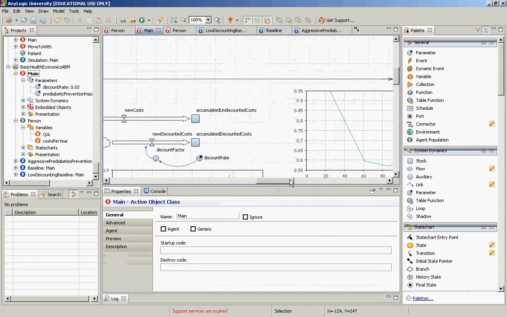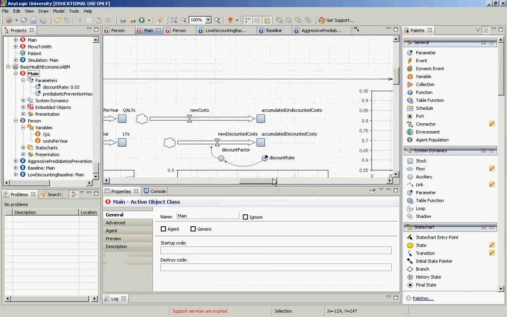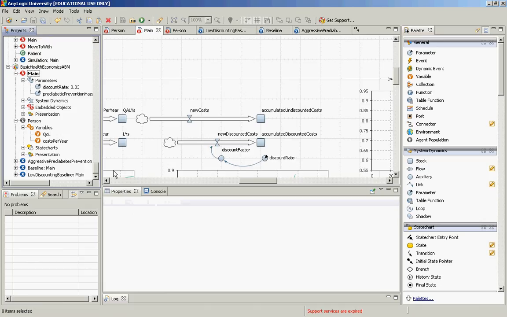Well, it would be nice if somehow we could add things into the accumulated discounted costs here. We could increment this, say, for each case of prediabetes averted. That might be something we could do. But maybe there are some program costs associated with this.